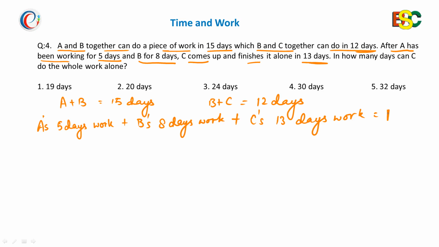Because the work is 1 here, and that work is completed when A is working for 5 days, B is then working for 8 days, and then C is doing the remaining work in 13 days. So together they are completing the work, so they are doing one work, right?